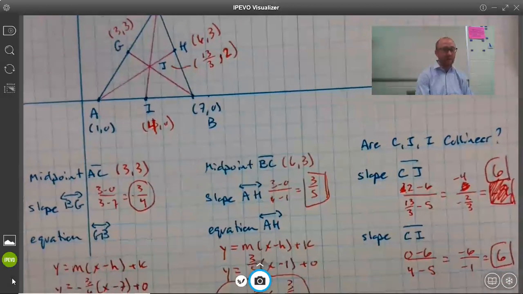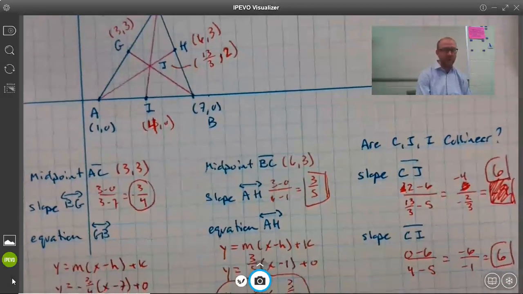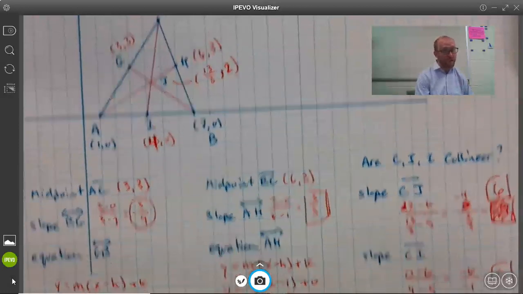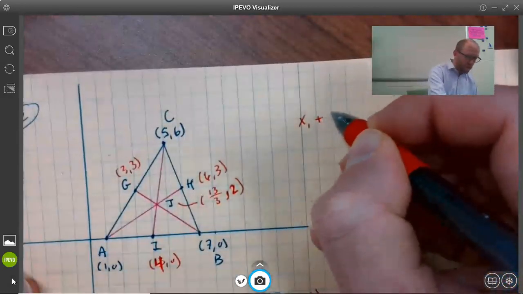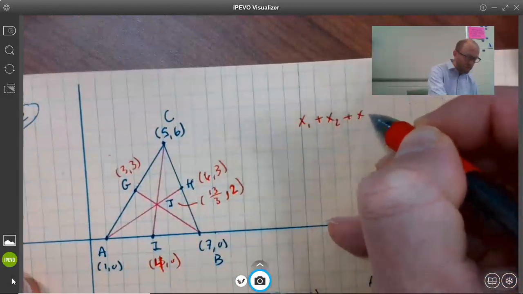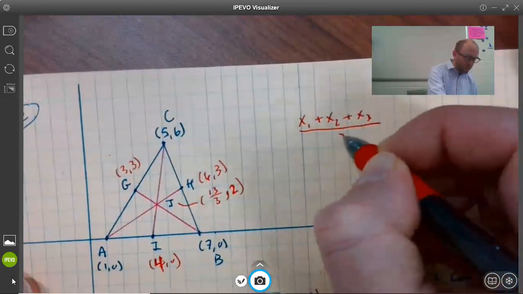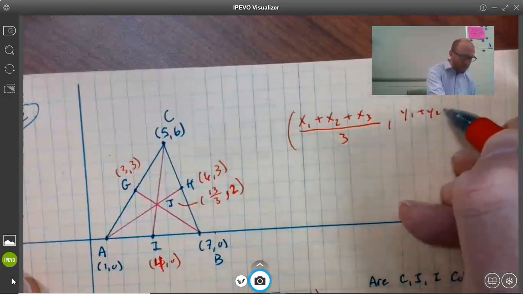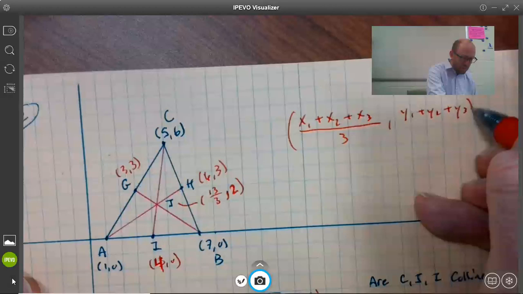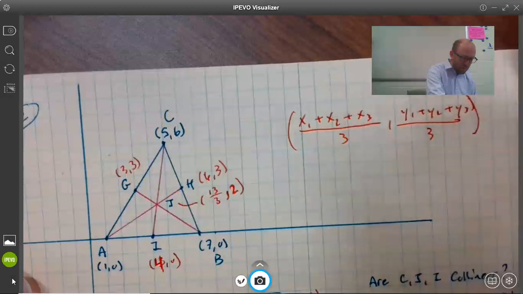Now, after all that work to find that point of intersection, there is actually a super easy way to do this. All I do is I go x sub 1, x sub 2, x sub 3 over 3, y sub 1, y sub 2, y sub 3 over 3.